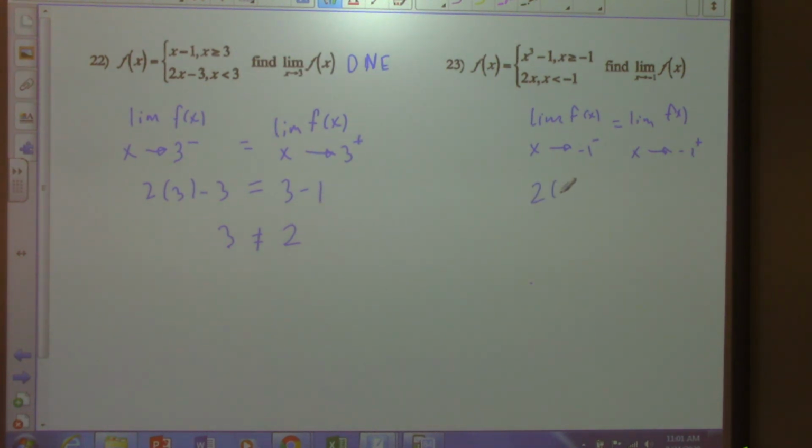So 2 times -1, and on the right side we have -1 cubed minus 1. So -2 equals -2. So that checks out. So our answer to this one here is going to be -2, because the left-hand limit equals the right-hand limit. Okay.